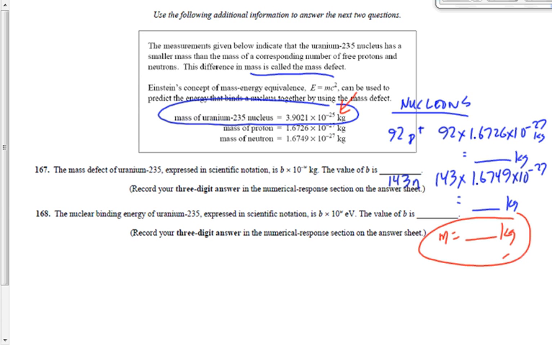That's going to be your mass defect. Cal, does that make sense? Once you get the mass defect, the next question should be easy. Once you get the mass defect, Kate, how are you going to find the energy that's equivalent to the mass defect? Good. Now remember, when you do that, you're going to get an energy in joules, which you're going to want to convert to electron volts there. Good.